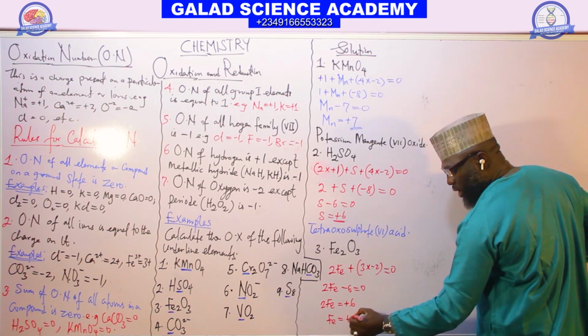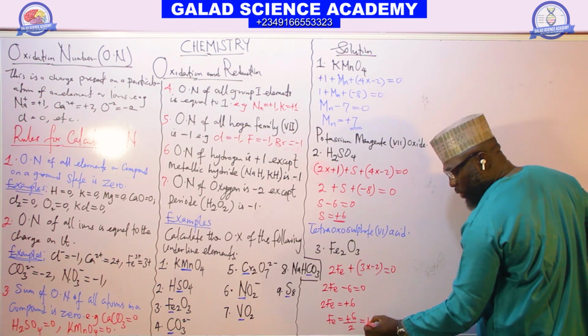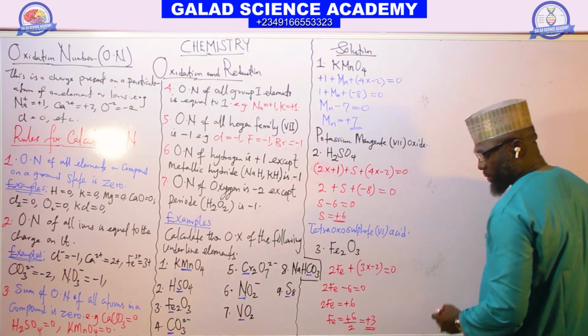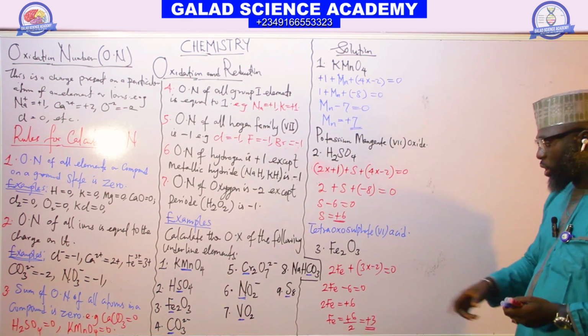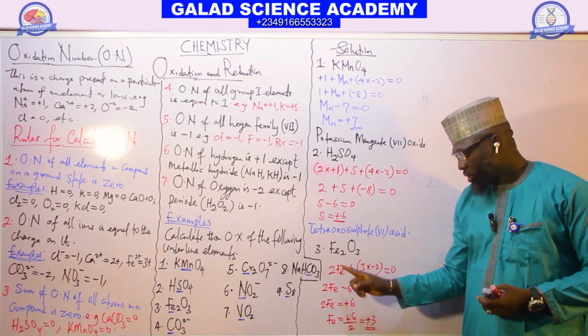Fe equal to plus 6 over 2, equal to plus 3.